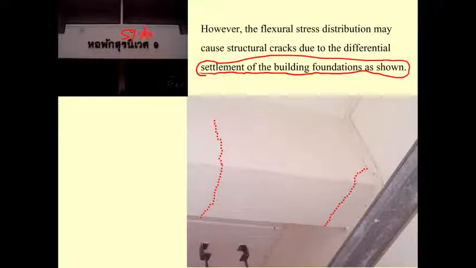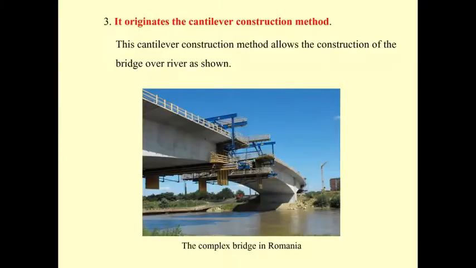Now the settlement also occurs at the C building. We are fixing this building now. You may come and take a look at this. And the crack occurs in the redistribution between the middle of the beam and the support. That is the bad thing about the stress redistribution.